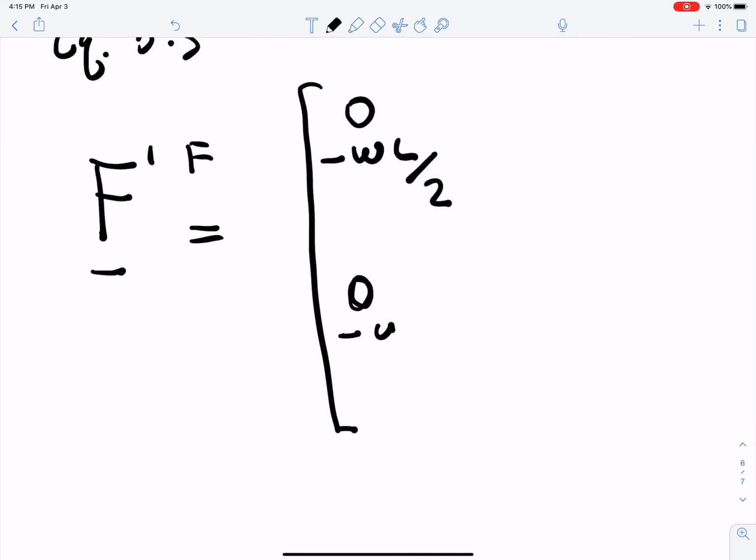And I get minus WL over 2 there. Again, this is not a surprising result. You're applying the load of W, force per unit length, uniformly over the element, and so that load distributes half of it to the first node and half of it to the second node. So exactly the same situation as you see with the truss element and the axial loads. Now let's go back and look at the moments.